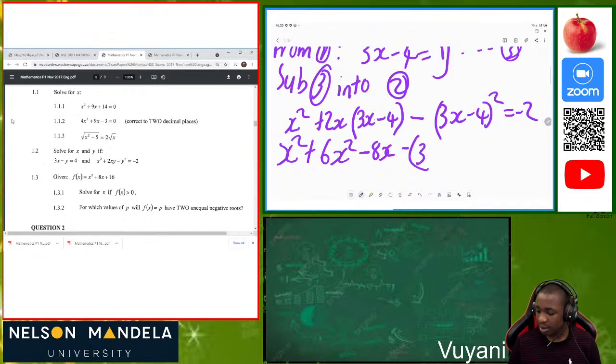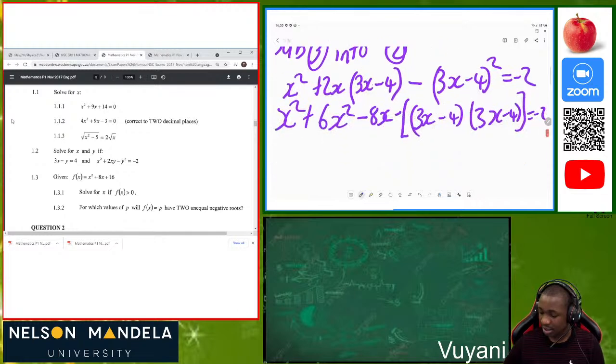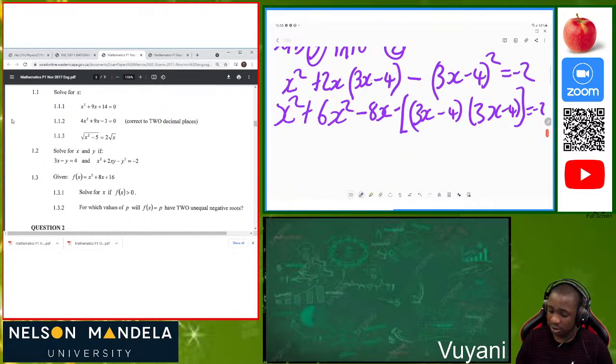So it's going to be 3x minus 4 times 3x minus 4. This way you are expanding it. So we're going to have x squared plus 6x squared. These are variables which are the same, which are like terms. So it's going to be 7x squared minus 8x minus.